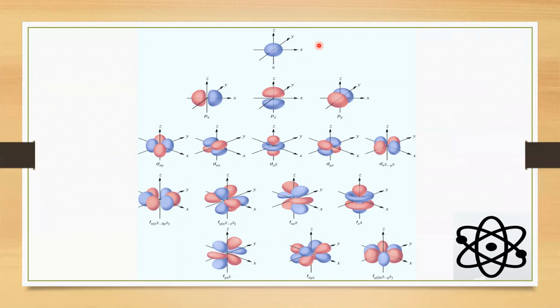Whereas in the L shell we have 8 electrons, and both s and p orbitals are present, as we have seen in the previous slide. Each orbital contains 2 electrons. Hence, we have 3 suborbitals for p, similarly 5 suborbitals for d, and 7 suborbitals for f.